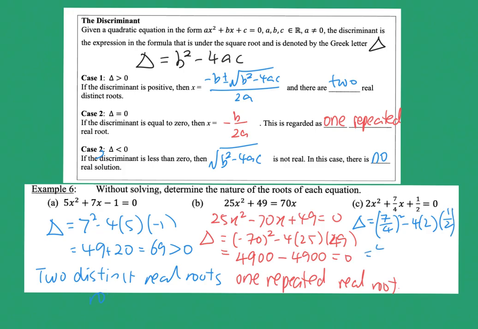So you end up with 49 over 16 minus 4, which is 49 over 16 minus 64 over 16, and this is negative 15 over 16, which is less than 0. So in this case, I would say that it has no real roots.